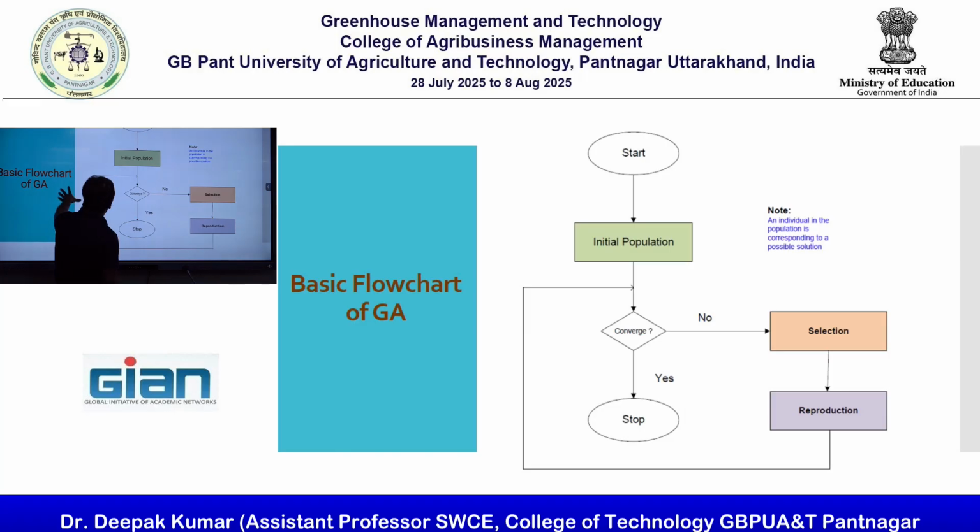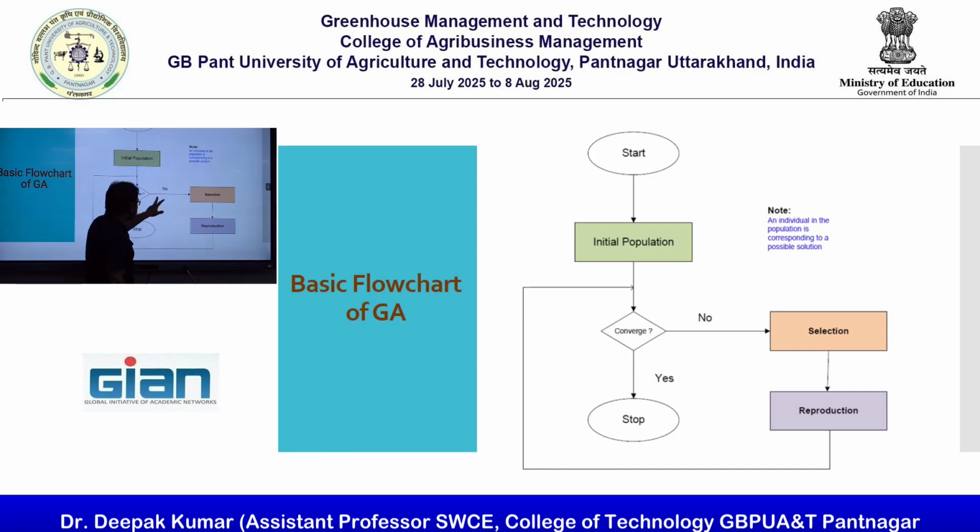Okay, so this is the simple flow chart of the genetic algorithm. There will be some initial population created by the programmer, and then we check convergence. What is the meaning of convergence here? Whether you have reached the optimal solution or not. If you have reached it, there is no problem, you stop.